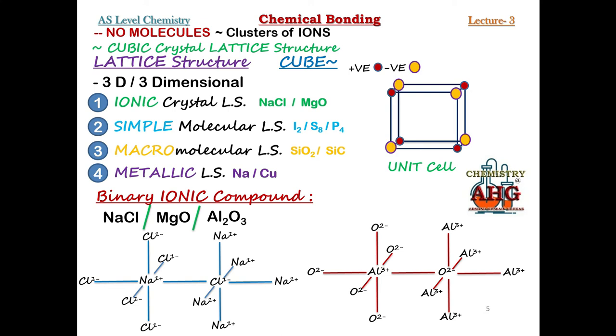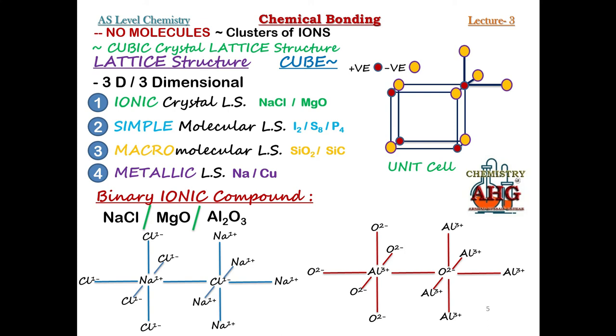I am looking at this corner, this is the positive ion. There is a negative ion on its left hand side, so you will place a negative ion on the right hand side also. There is a negative ion on the lower side, you will place another negative ion on the top. There is a negative ion outwards, you will place a negative ion inward.